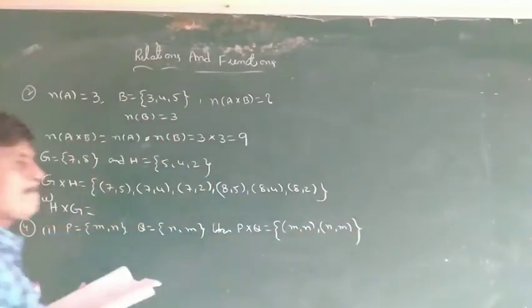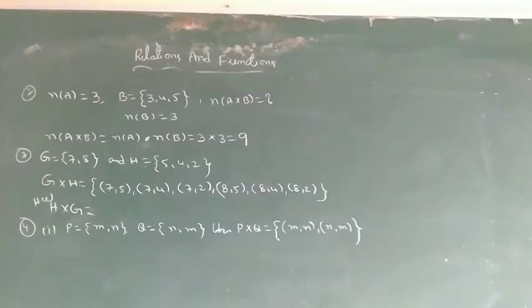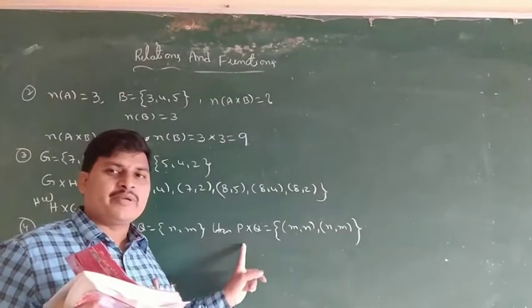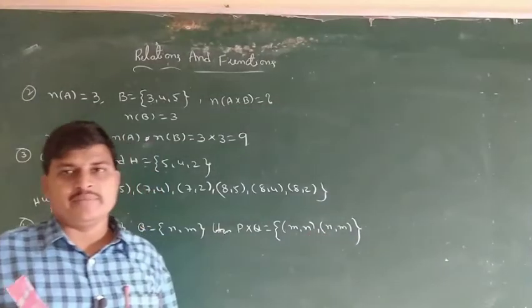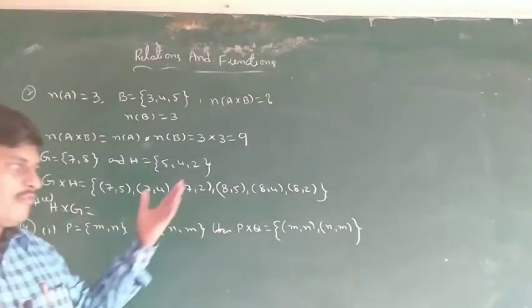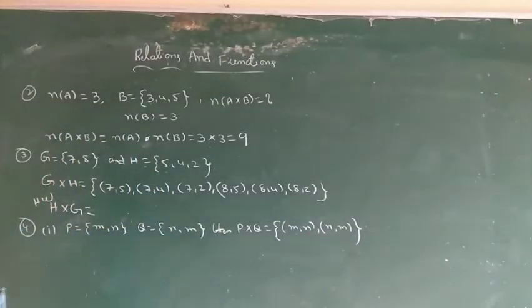Correct? N of P is equal to n of Q is equal to 2, so 2 into 2 is equal to 4. How many elements are in P cross Q? 4 elements. How many elements are given? 2 elements. So is this true or false? False.